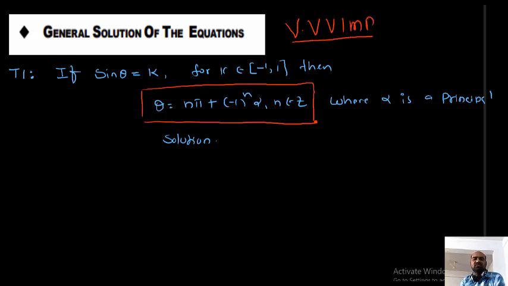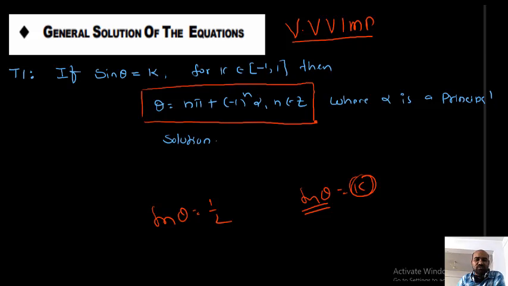General solution for the equation of the form sin theta equal to k. I wrote sin theta equal 1 by 2, and I want to find a general solution. Here, instead of 1 by 2, I wrote sin theta equal to k. You know that sin theta output is from minus 1 to 1 only. That's why your k value should lie between minus 1 and 1. Then only you can find the solution.